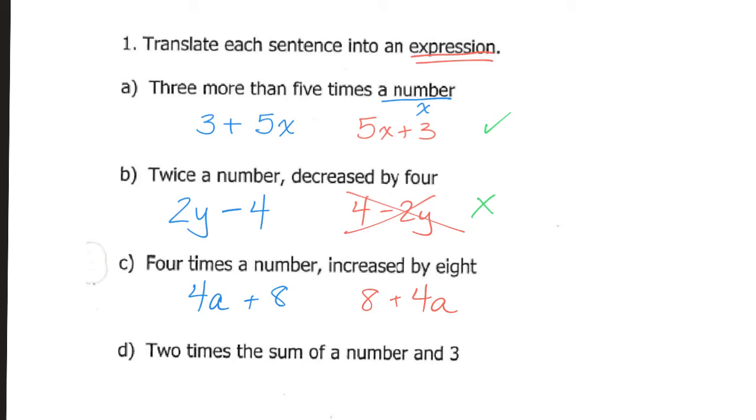Okay, we're back. So now D says 2 times the sum of a number and 3. I want you to notice that if I had written the statement 2 times the sum of a number and 3, notice that is not the same statement as the blue.